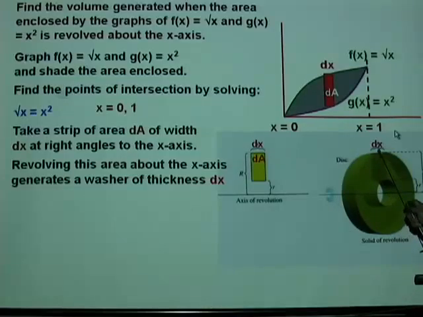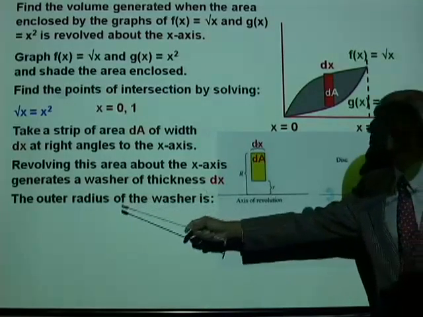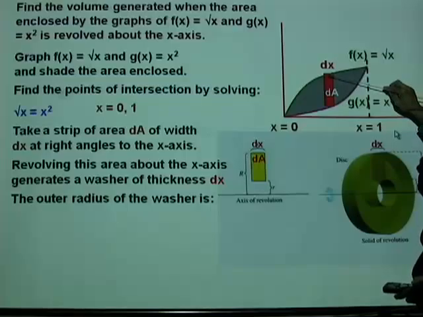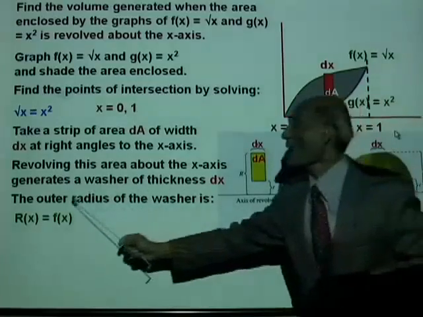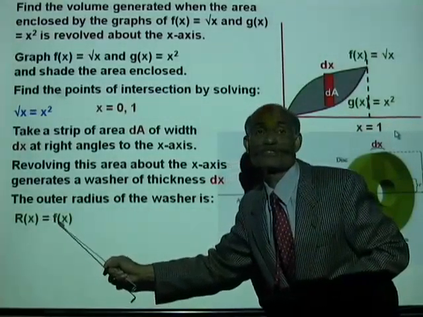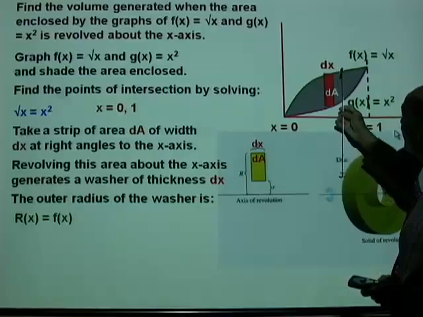Alright? Now the outer radius of the washer, look at this, the outer radius of the washer is this distance, which is f of x. The inner radius is this, which is g of x. So the uppercase R of x is the same as f of x. I hope you're following this.